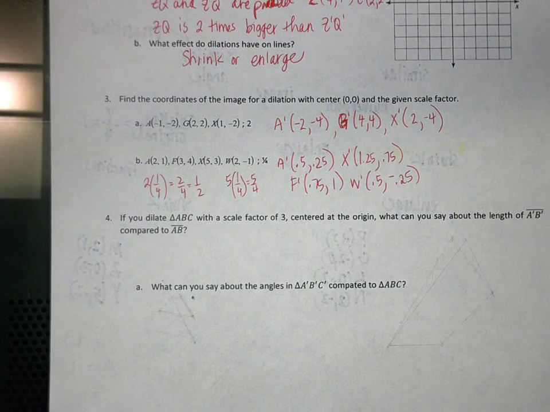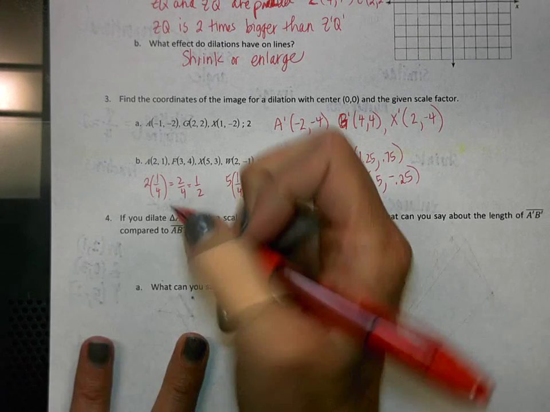Okay, if you dilate ABC with a scale factor of 3, center at the origin, what can you say about the length of the prime figure compared to the length of the original figure? What do you think? Go ahead, Spencer. The prime one would be 3 times as large. Very good. That's perfect.